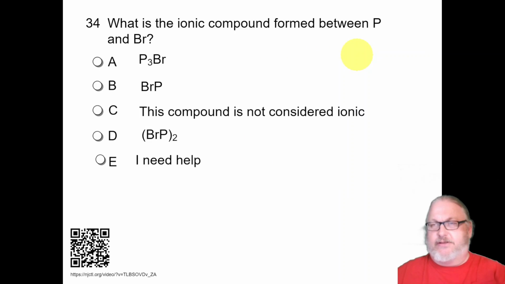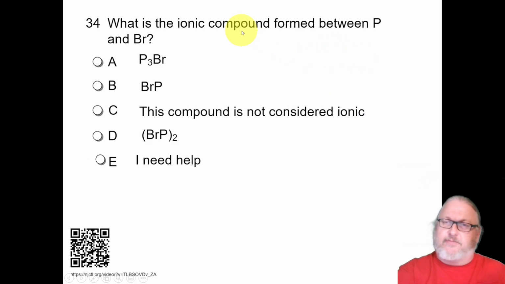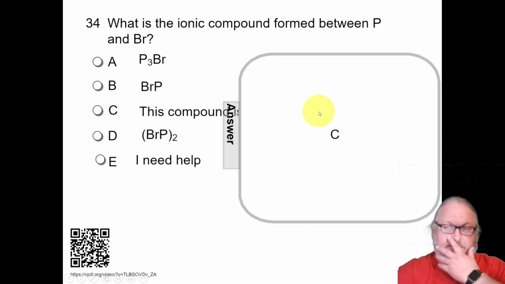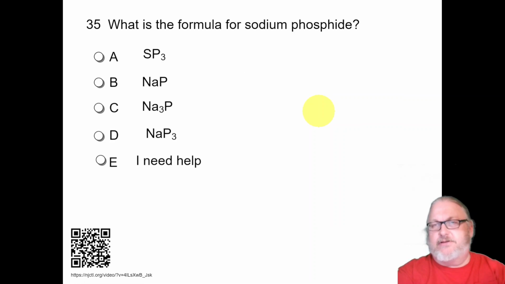So that would be D. What's the ionic compound formed between P and Br? Phosphorus is in group 15, bromine in group 17. Think about it. That would be a C. This is not ionic. It does not have the electronegativity difference.